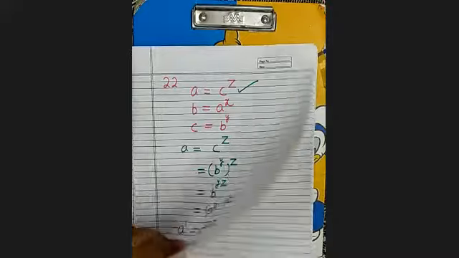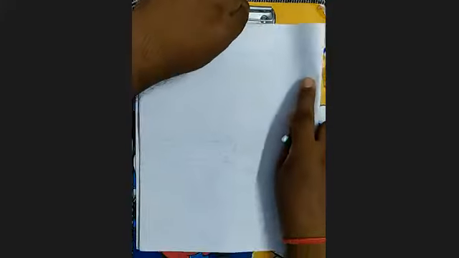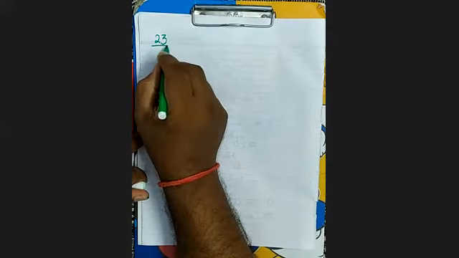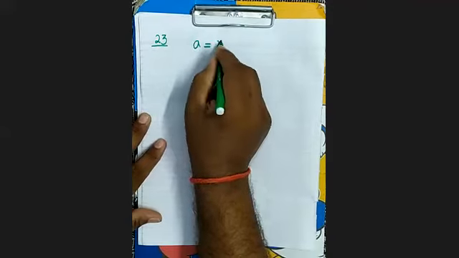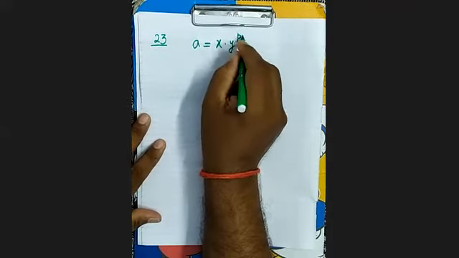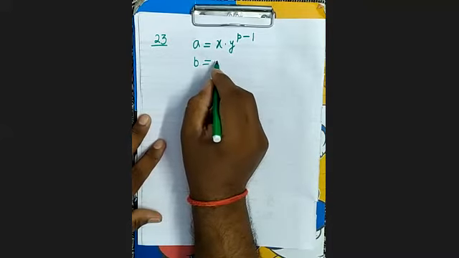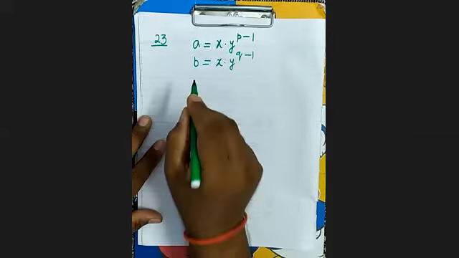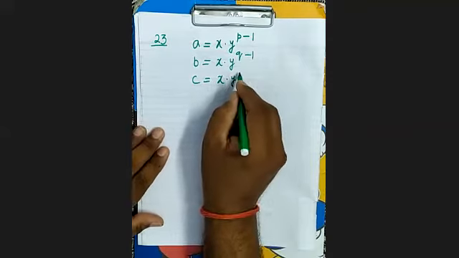Similarly, you can see question number 23. Here it is given A equals x into y to the power p minus 1. B equals x into y to the power q minus 1. And C equals x into y to the power r minus 1.